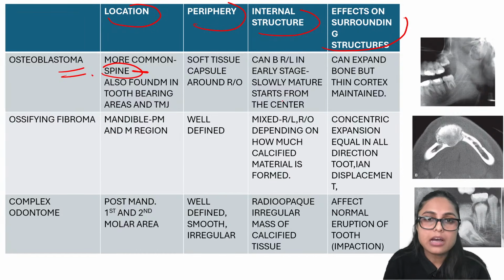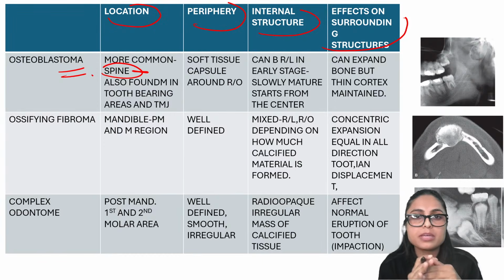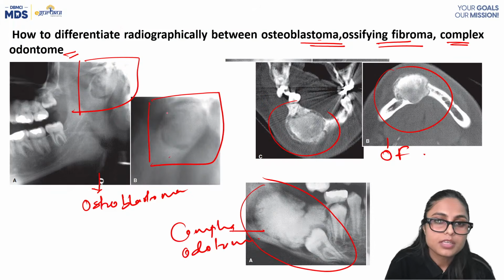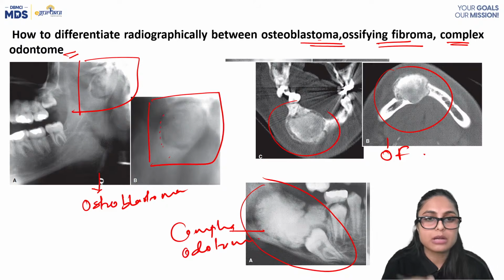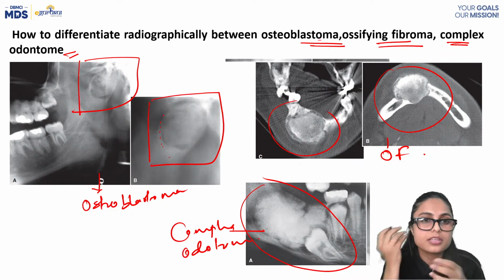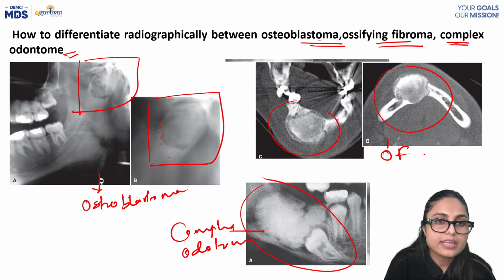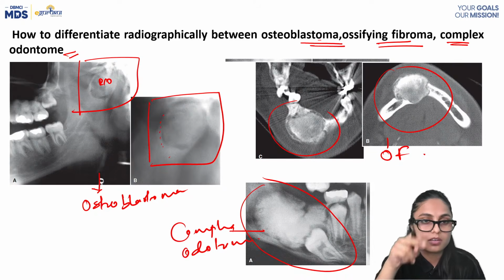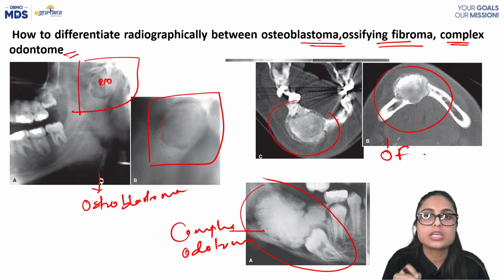In the radiographic appearance of osteoblastoma, you can see a soft tissue capsule. Here it involves the condylar region, correct? There is a radio opacity and surrounding it is a radiolucent region.